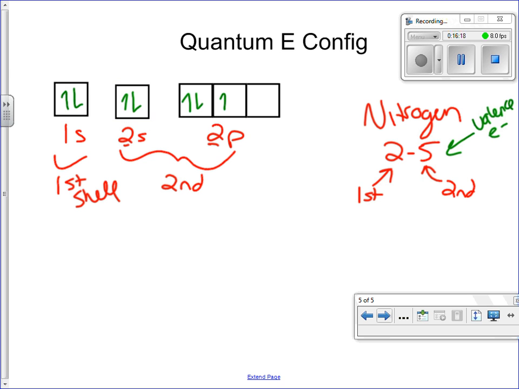Why? You want to spread them out across a subshell if you can. So, in this case, the electrons can all have their own room, so they might as well. When you start filling them in, do 1, 2, 3, and that's all they need, and then go back and double them up. They must be spread out because an atom is lower energy when they are, and we like to be low energy. All right?